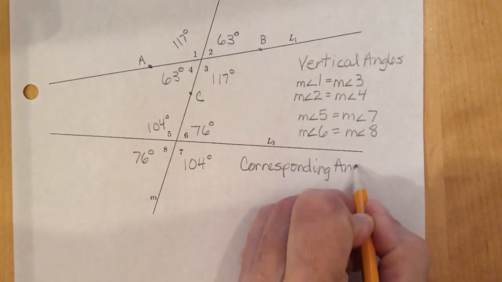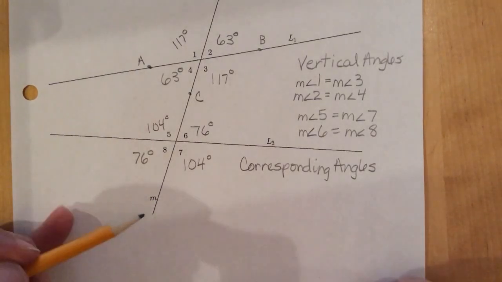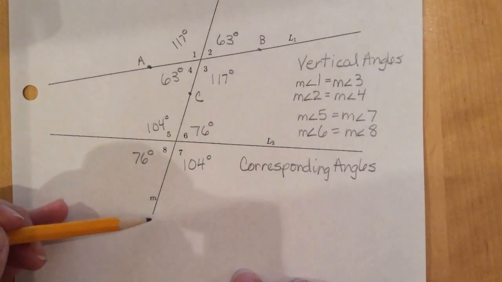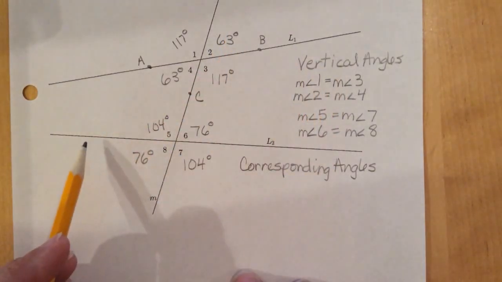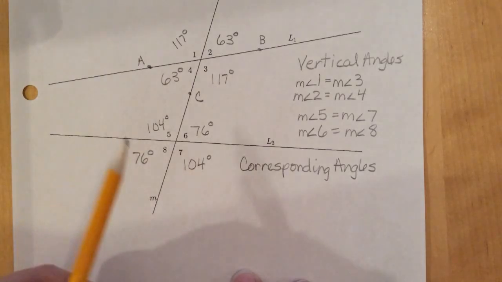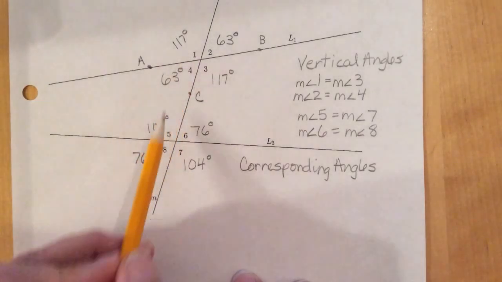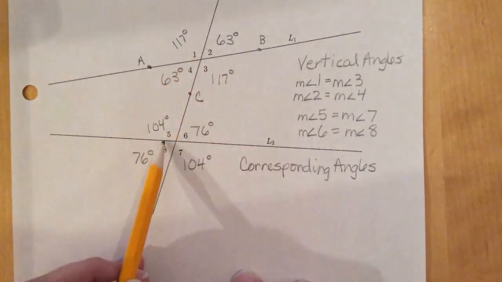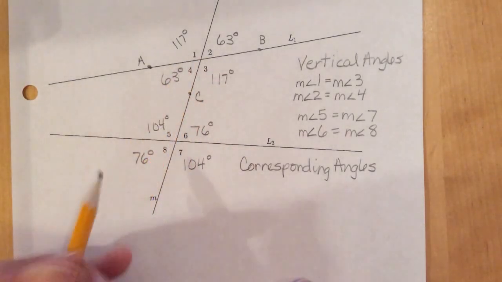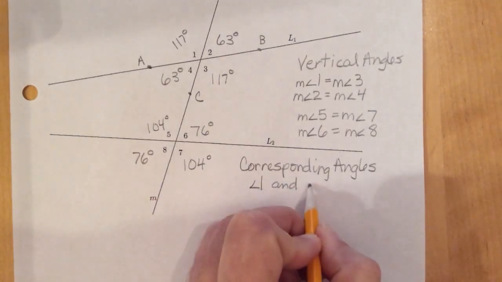Corresponding angles are angles that are in the same position where the line crosses. So for instance, I have line M crossing L1 and L2. Some corresponding angles would be angle 5 and angle 1 because they're both right above the line on the same side of the transversal. So corresponding angles would be angle 1 and angle 5.